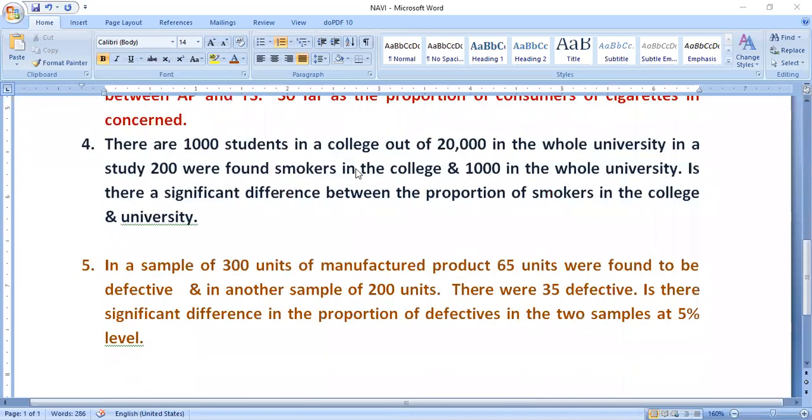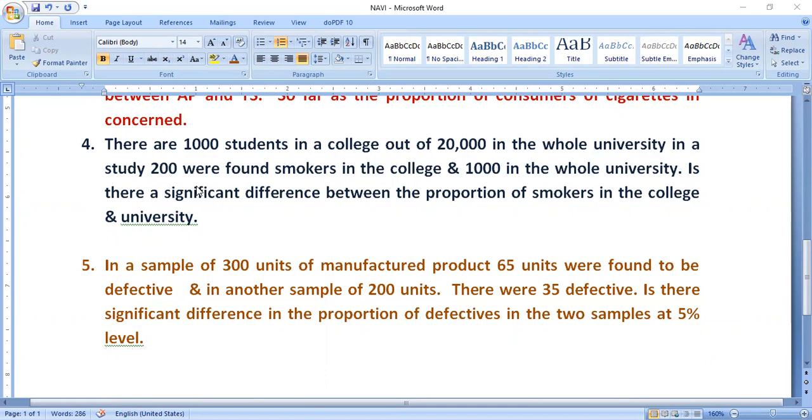Then the next two problems are here. There are 1000 students in a college out of 20,000 in the whole university. In a study, 200 were found to be smokers in the college and 1000 in the whole university. Is there a significant difference between the proportion of smokers in the college and the university?